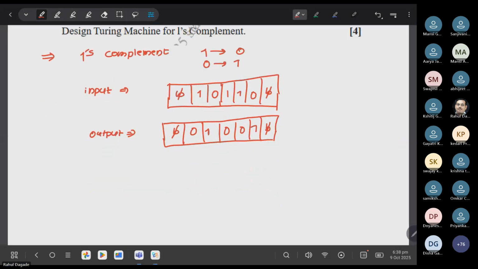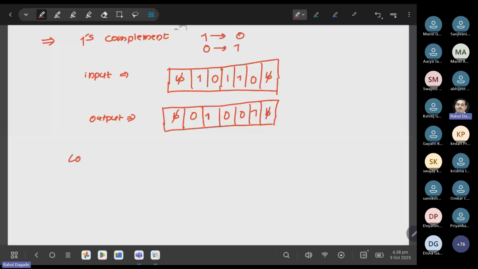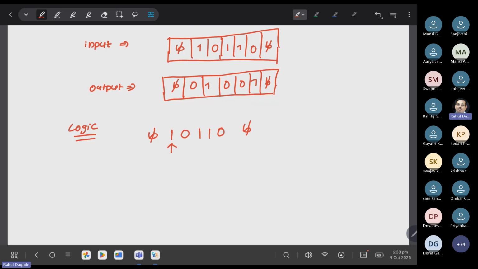So what is our logic? If this is the input, 1, 0, 1, 1, 0, blank, when it reads 1, then write 0 and move the head right.